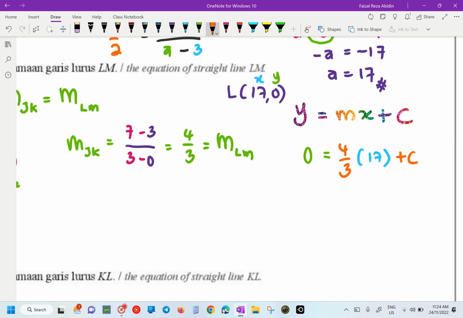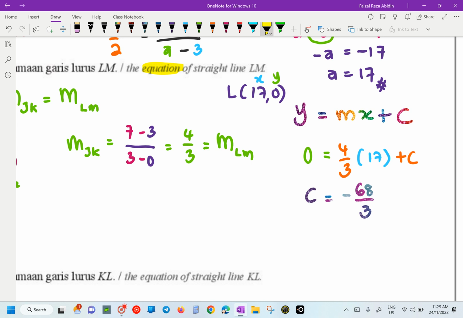So 4 times 17, 68 over 3. Bring to the left side, negative 68 over 3. That is your c, the y-intercept.